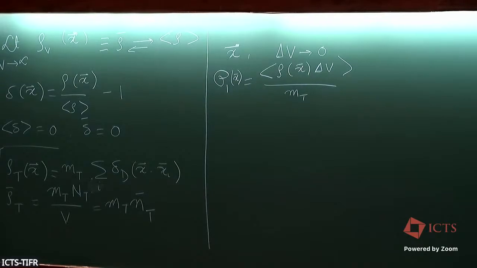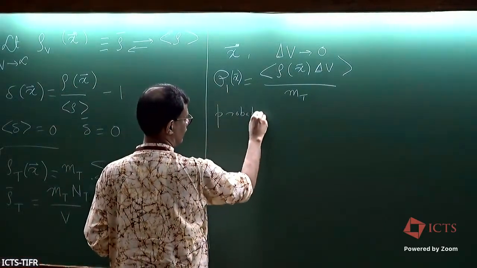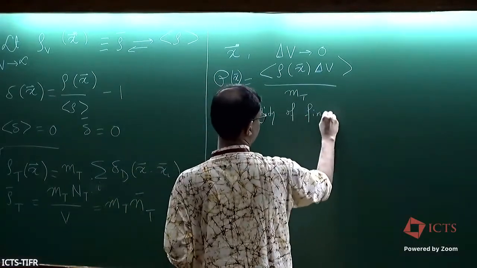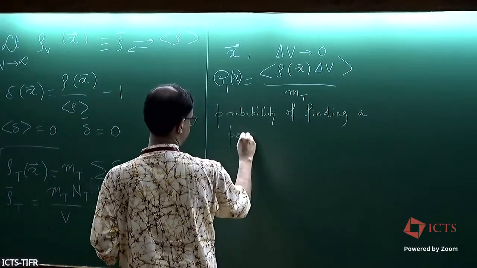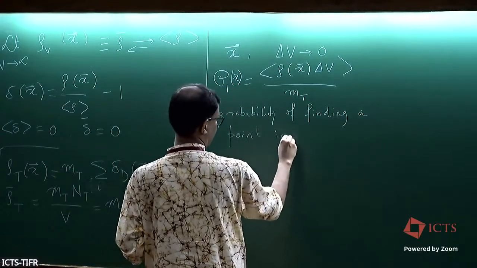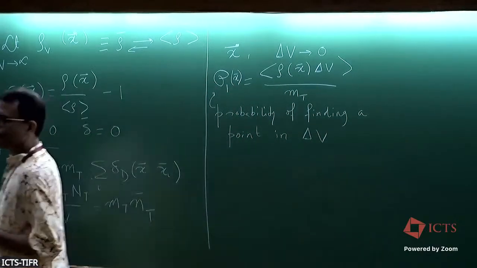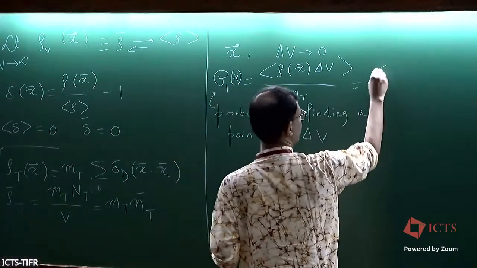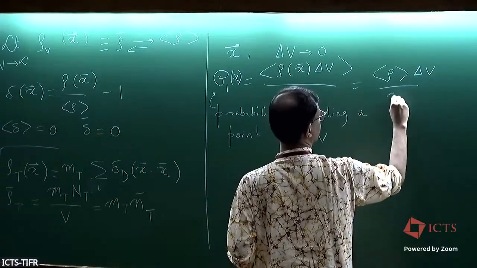So this is the probability of finding a point in delta V. And that is basically the same as saying it's rho times delta V by M.